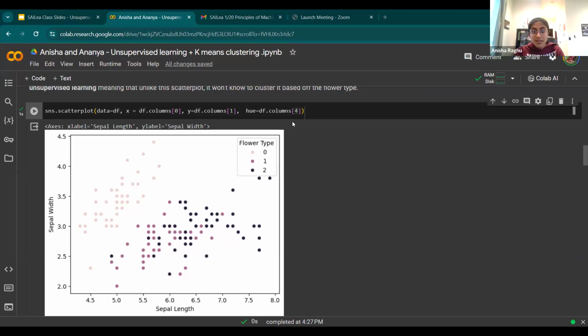So the question is basically why are we specifically choosing the hue to be like the 4th column? And also like what exactly does the hue really mean? Just any predictions on what you guys think.